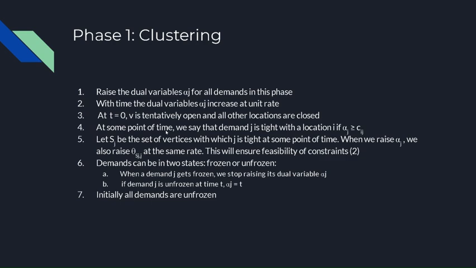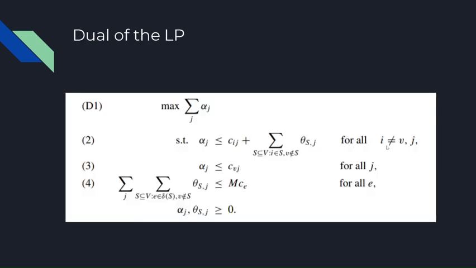At some point, for a particular demand j, this constraint will become tight at a particular location i. That is, alpha_j will be greater than or equal to C_ij. Why just C_ij? Because here we also have the other part, but what we are focusing on here is the clustering. That is, we are just focusing on assigning j to a particular facility, and we are not focusing on building the tree.